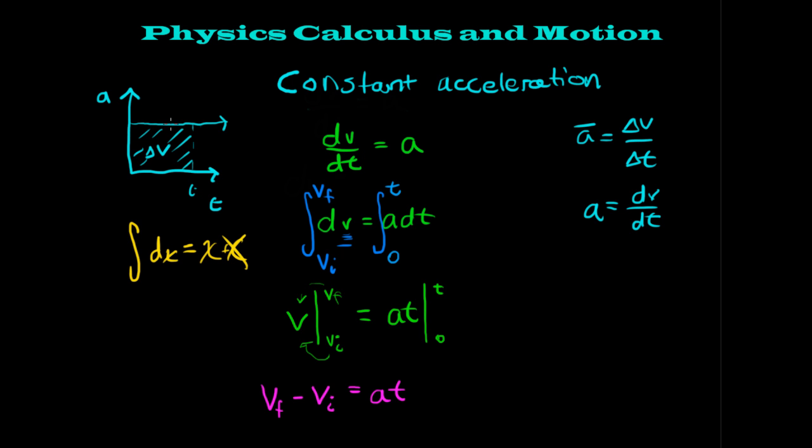Solving for vf, we get the final velocity is equal to the initial velocity plus acceleration times time. And this is the first one. If that was at all confusing just for the first equation, you really need to review your calculus.